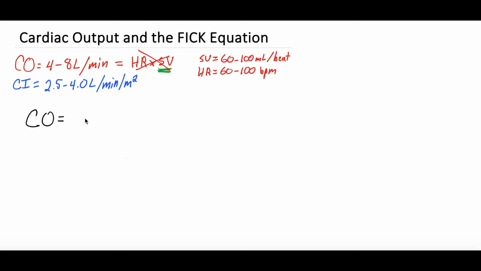So cardiac output with the Fick equation essentially equals VO2, this is oxygen consumption, divided by your SaO2, which is your arterial saturation of oxygen, minus your venous saturation of oxygen. All right, we'll expand this out further, times your hemoglobin, which is your blood count, times a constant of 13.4. So this is the equation we use.